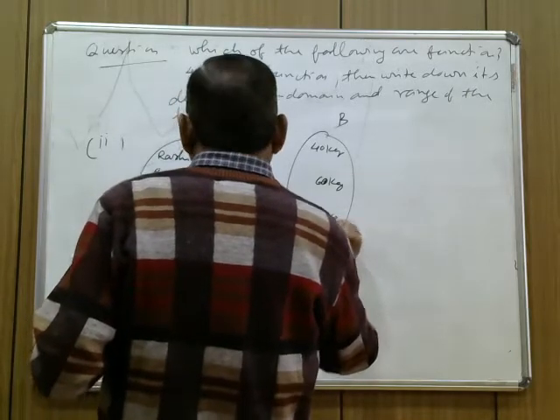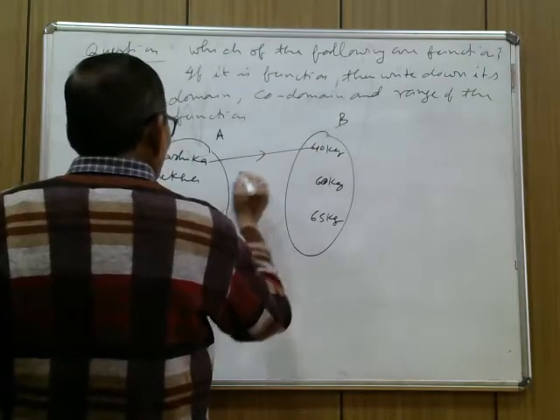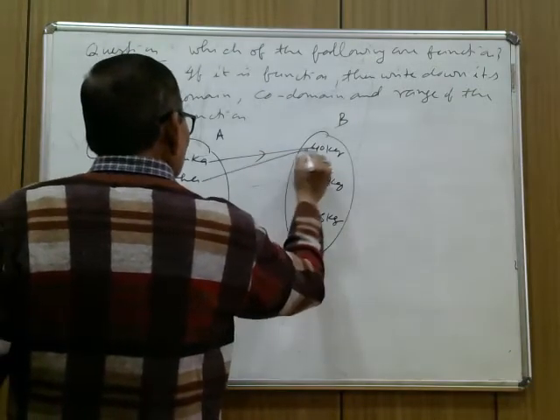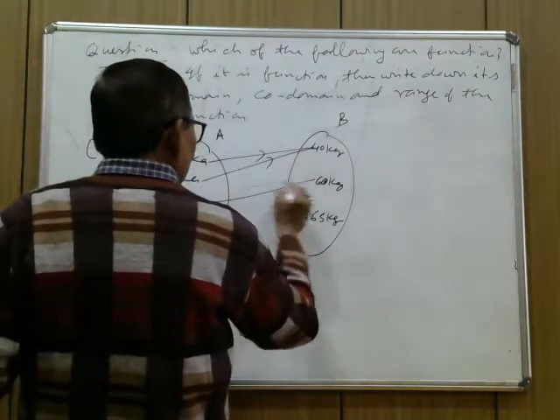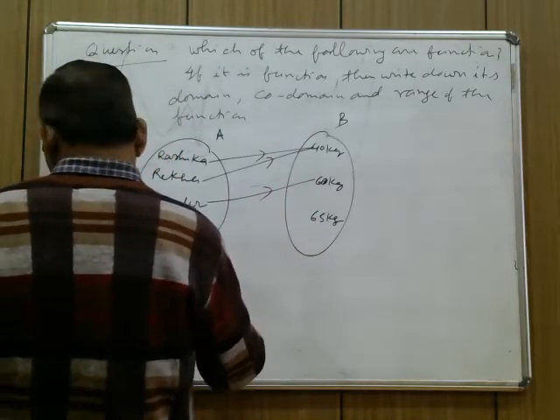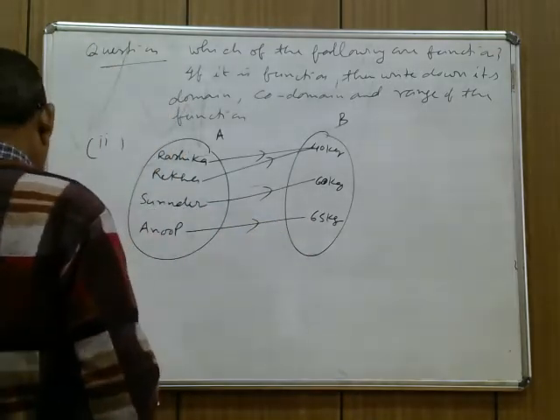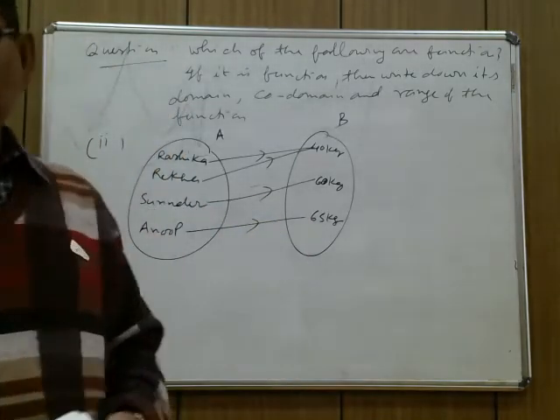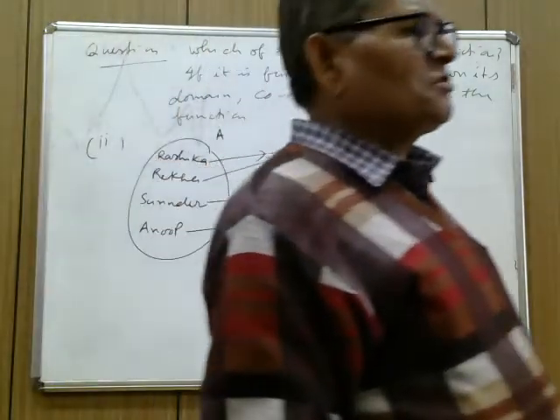Now you see that their associations are shown as such. Surinder's weight is this, Anu has this.